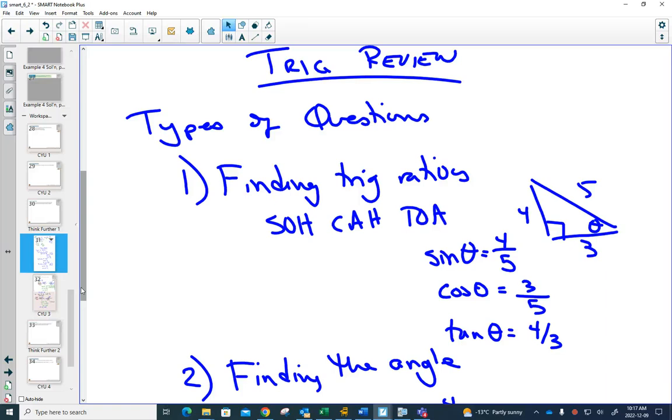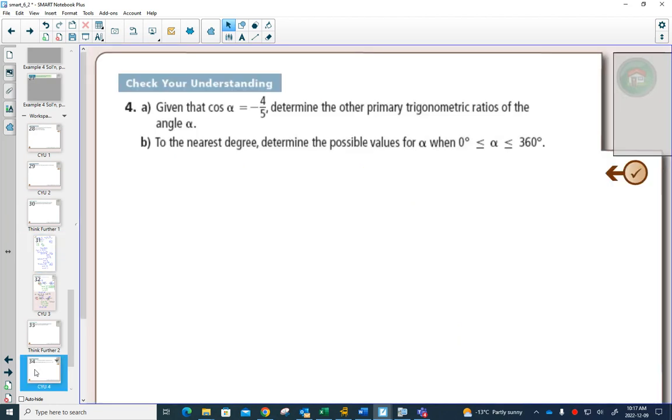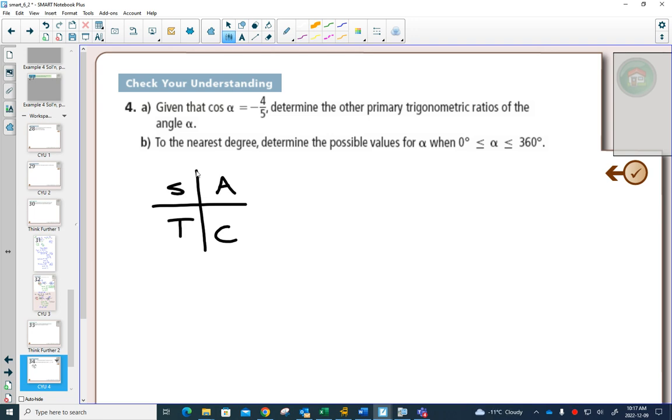But in order to use the definitions, you need a triangle, right? In order to write sine of theta, I need to see the triangle so I can write the opposite side over the hypotenuse. That's what is missing in this question: we're given that cos of alpha is -4/5, but we don't have the triangle. And what's different in grade 11 is that the triangle could be in one of those four quadrants.